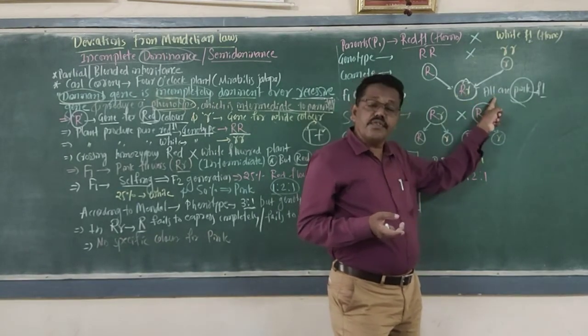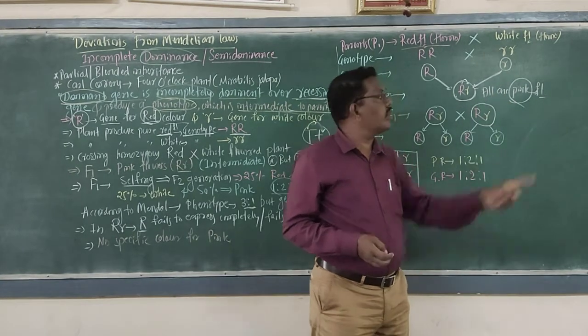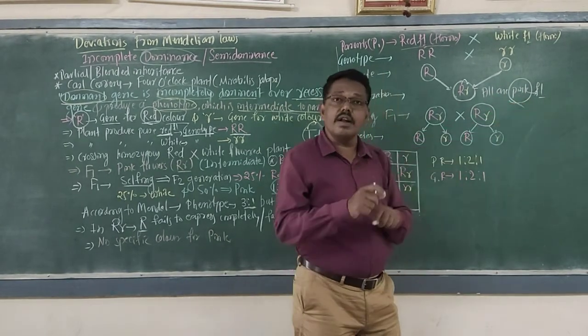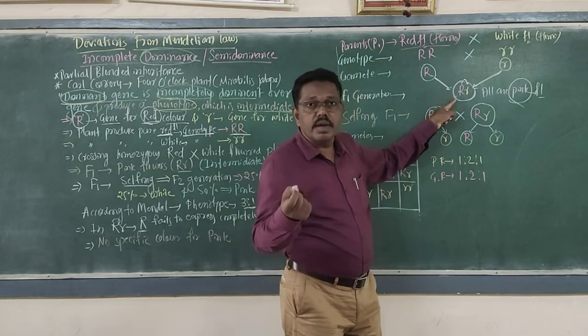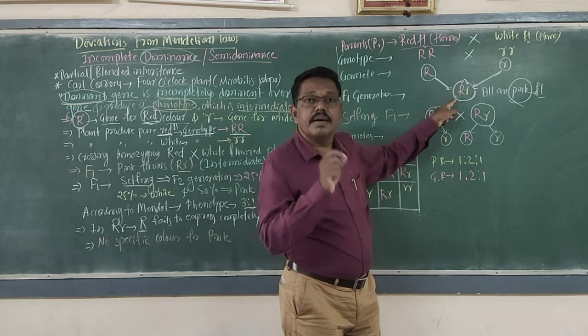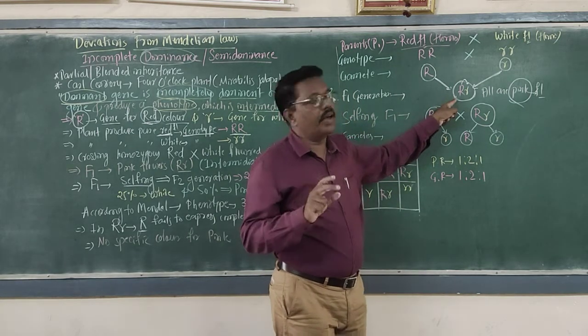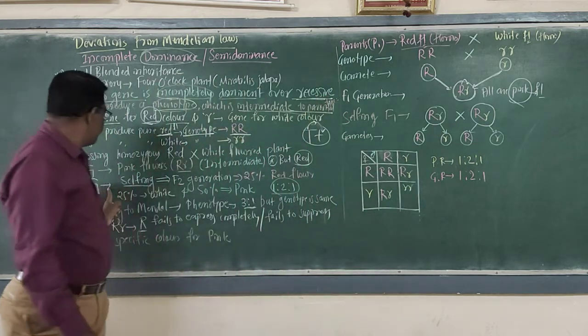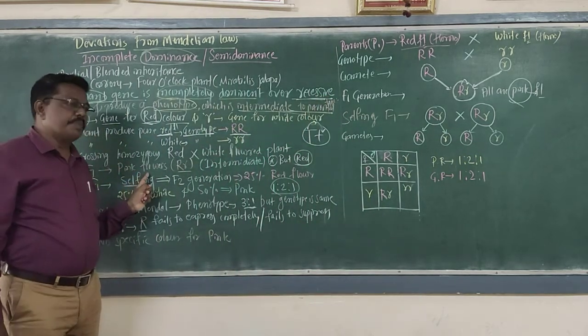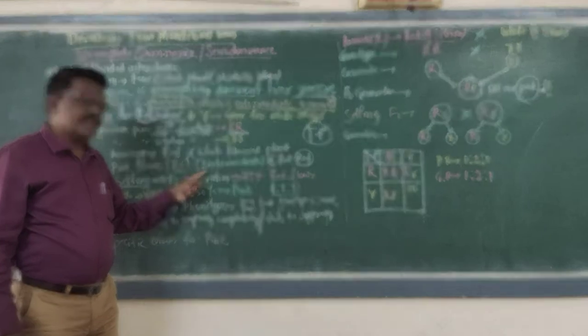Hence, in the F1 generation, we get the pink flower. But according to Mendel's law, a red flower would be formed. Here Mendel's law is completely failed. Hence, within the F1, we get the pink flower.